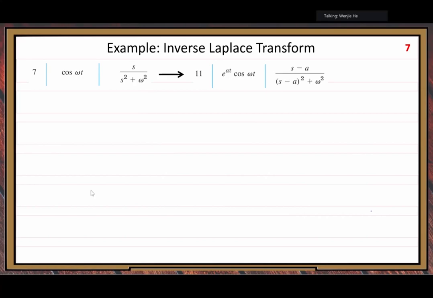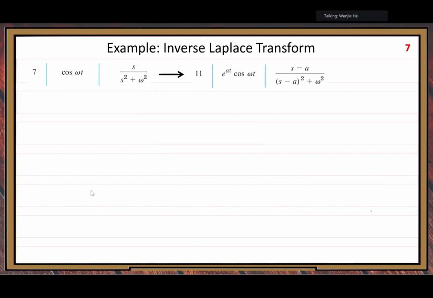By the first shifting formula. Can you see it? For number 11, you can see that the little f function, we just multiply by e to the at. Then when we take a Laplace transform, we apply the shifting operation on the capital F of s.